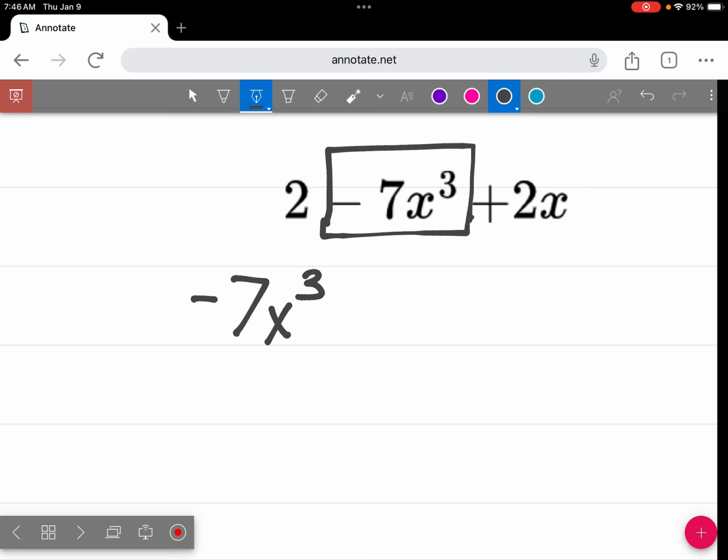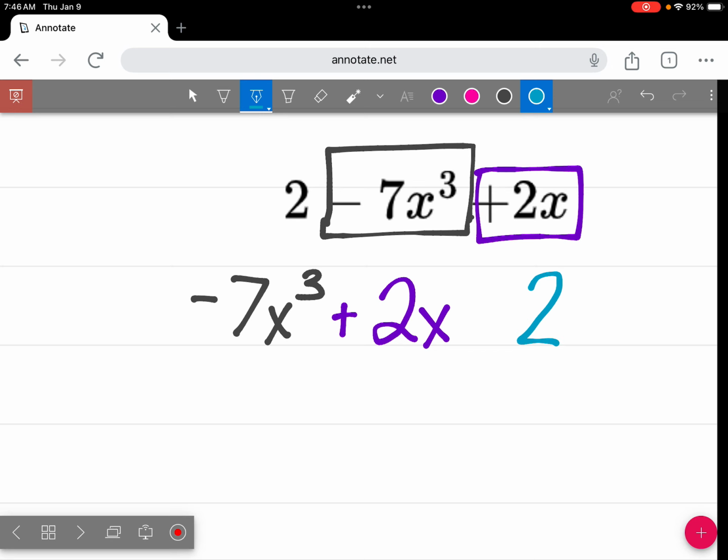What's going to come next? My 2 or my 2x? Which goes next? The 2x. This piece goes next. And then our last piece is going to be that 2.